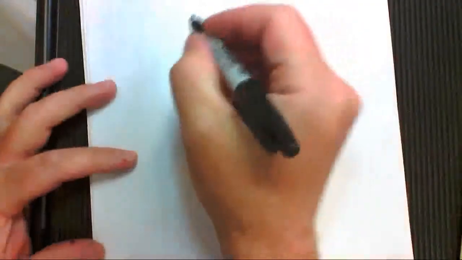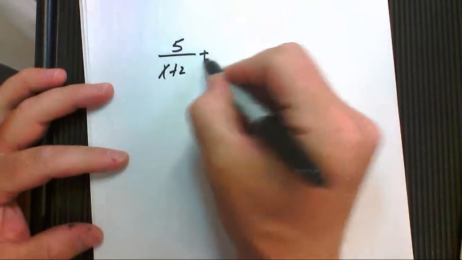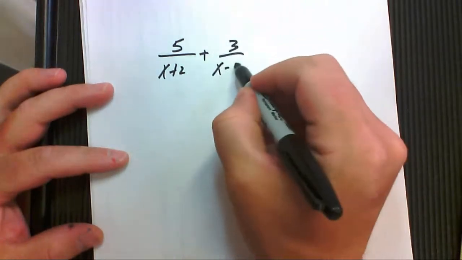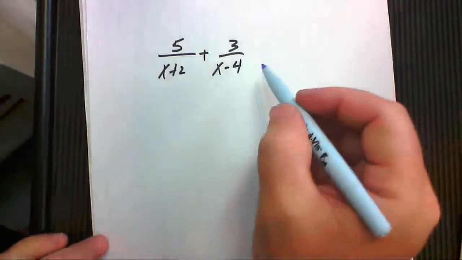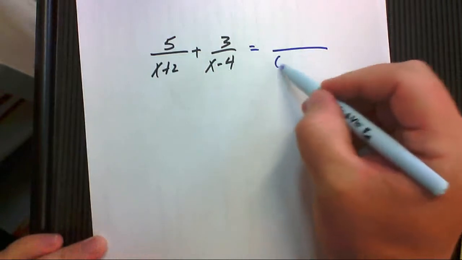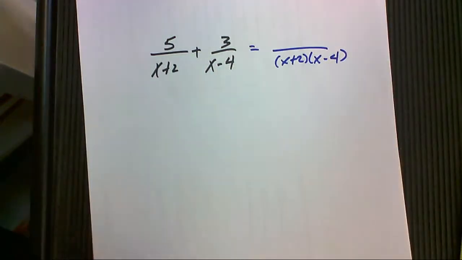Now, where it gets a little trickier is when we have something like 5 over x plus 2 plus 3 divided by x minus 4. Okay? Same thing though. If you look, our denominator is going to be x plus 2 times x minus 4. That's what our denominator is going to be.